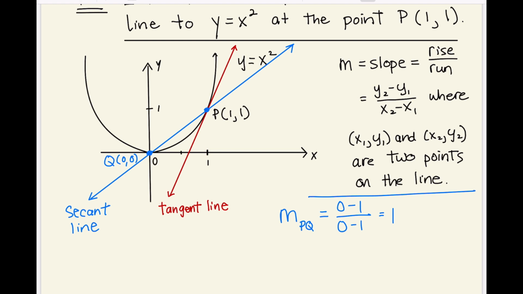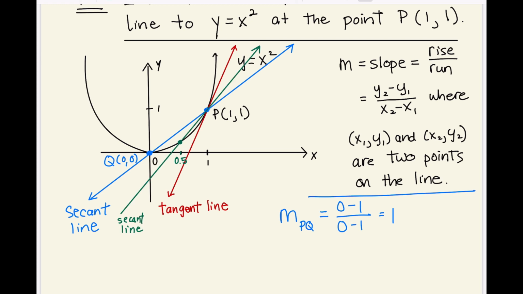For example, another choice I can make is to use x equals 0.5. The corresponding point on the graph is right here.